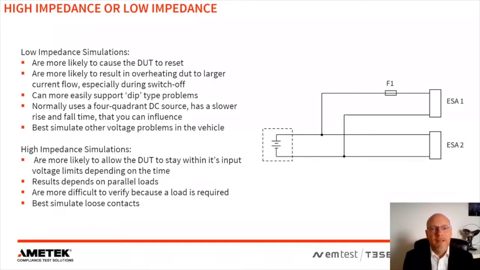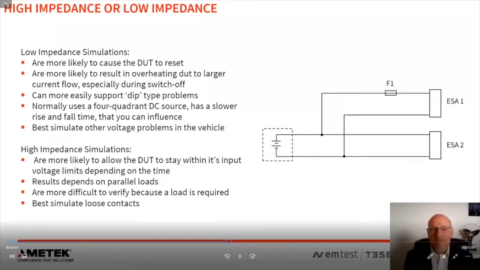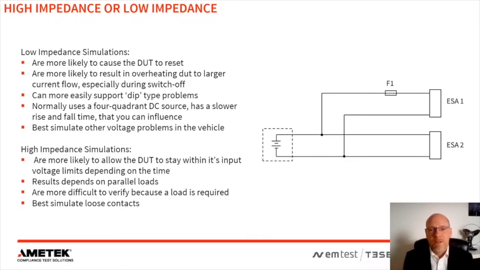And finally, it's the best way to do other types of simulations in the vehicle, except for capacitive transients, of course, capacitive discharge transients. You could do pulse 4, you can do pulse 2B, you can do other types of tests with a low impedance 4-quadrant battery source.